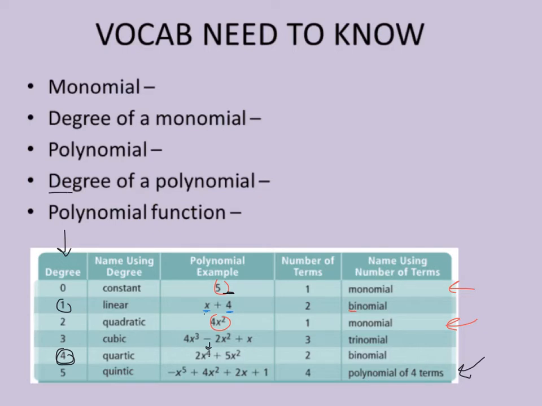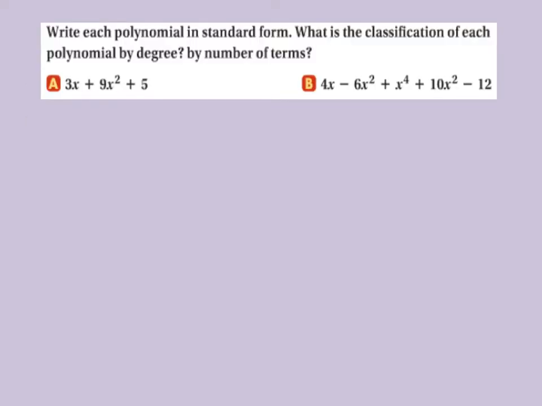The degree of the polynomial is always looking at your variable that has the greatest exponent. So this has a degree of 5 because the highest exponent is 5. So again, a polynomial function can be any set of terms. Terms are the things that are separated by adding and subtracting, and those would be polynomials.